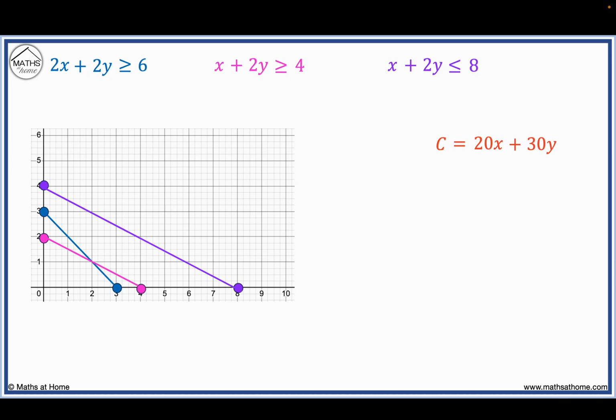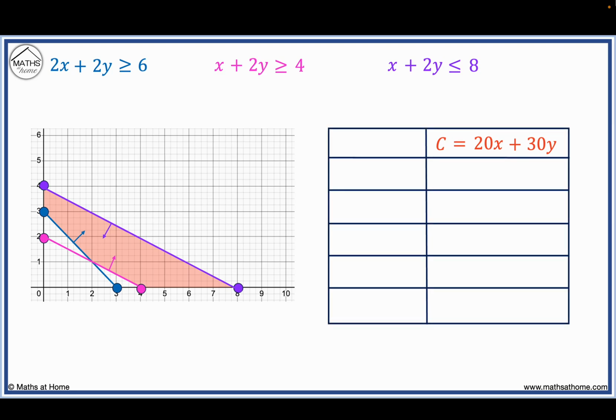Now we look where to shade. The greater than symbol in the first equation tells us to shade above the first line. We also shade above the second line. The third equation has a less than symbol, so we shade below this line. The feasible region is shown like so, between the lines where the arrows are pointing.